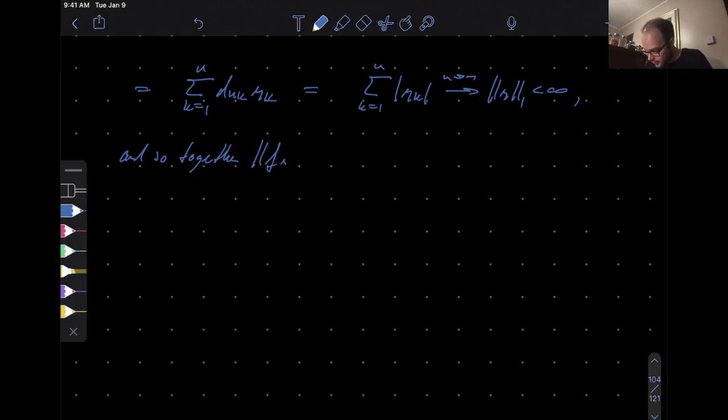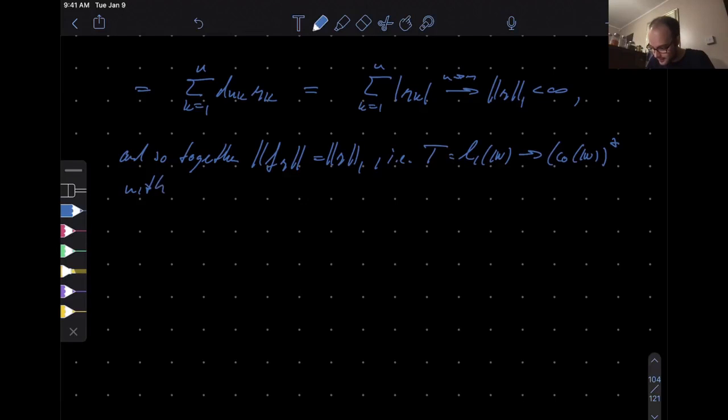So we have that the operator norm of f_y is equal to the one norm of y itself, meaning this T defines in exactly the same fashion as in the previous example. Well, it acts now between different spaces, but that aside, the rule of assignment is exactly the same.